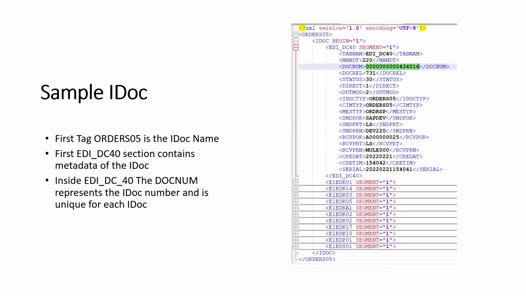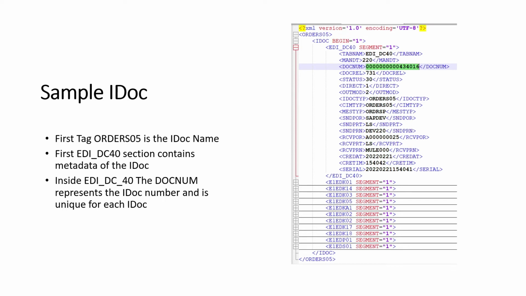Here we have some sample IDOC messages. This is a sample IDOC. This is the payload that we can see after IDOC document listener connector. The first tag, ORDERS05, is the name of the IDOC. Inside the IDOC name, we can see a segment called EDI_DC40.